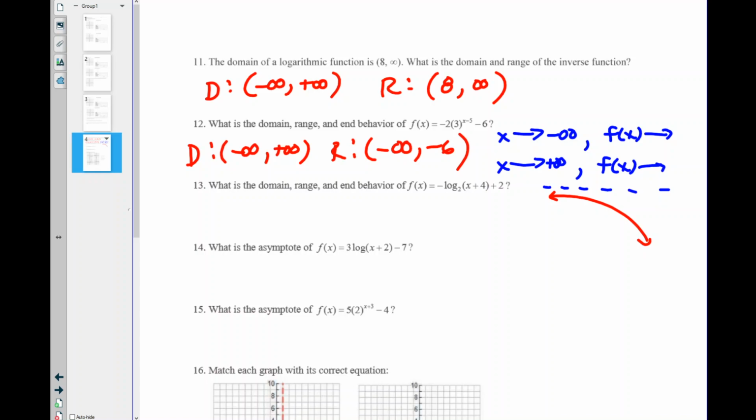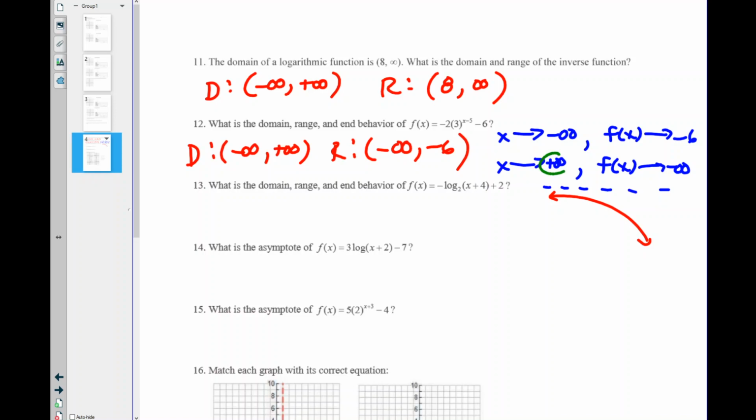But then how about the right arrow? I'm sorry. How about the left arrow with respect to the y-axis? What's the left arrow doing? Yeah, it's going up to the asymptote at negative 6, and the right arrow is going to negative infinity.